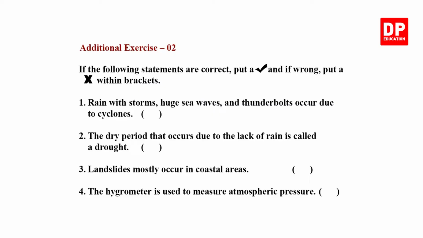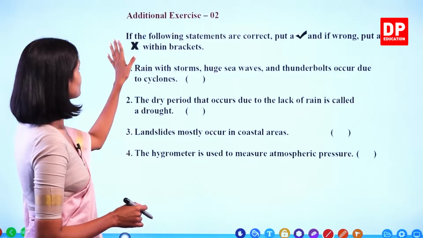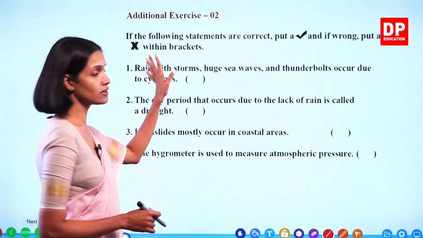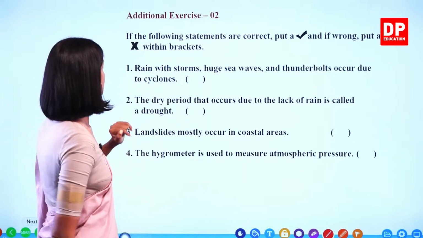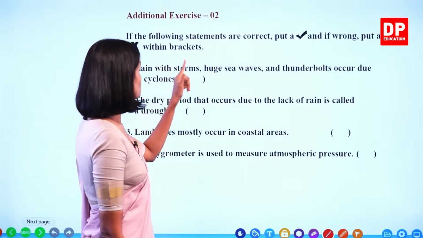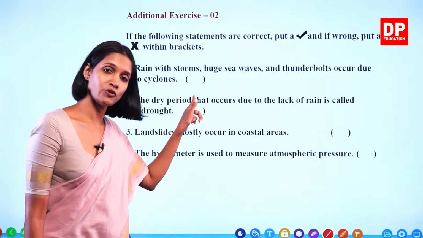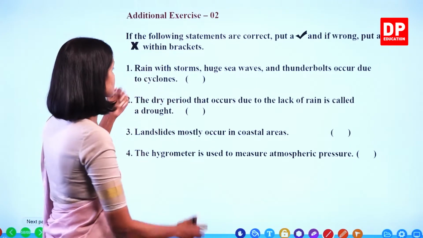Right, exercise number 2. If the following statements are correct, put a tick, and if wrong, put a cross within brackets, right? Rain with storms, huge sea waves, and thunderbolts occur due to cyclones. It's true, right? It's correct.